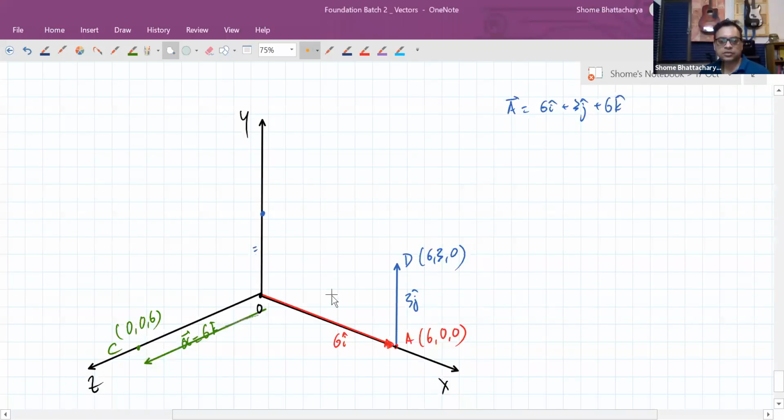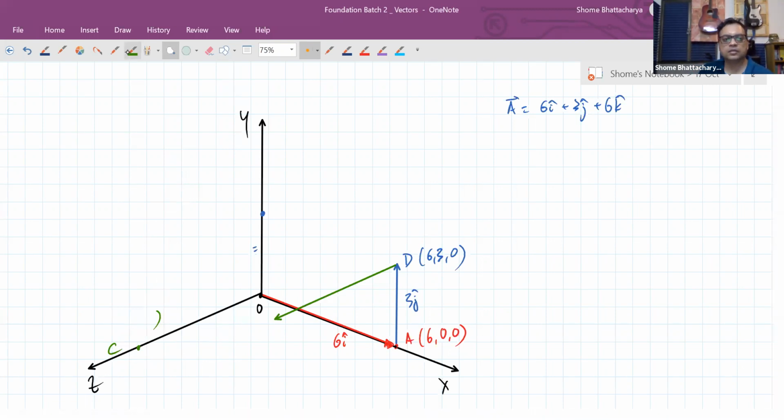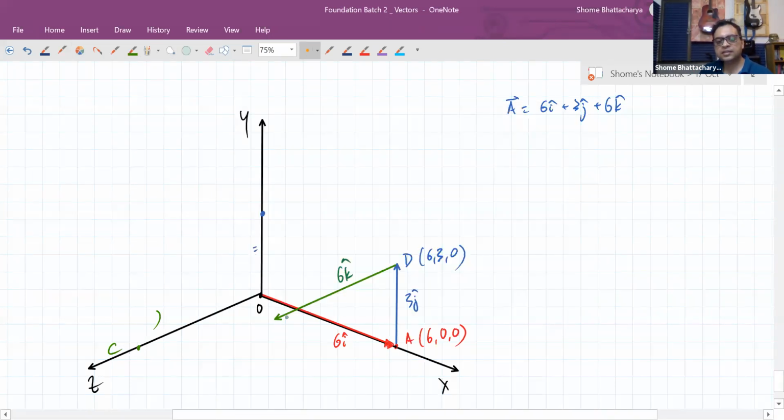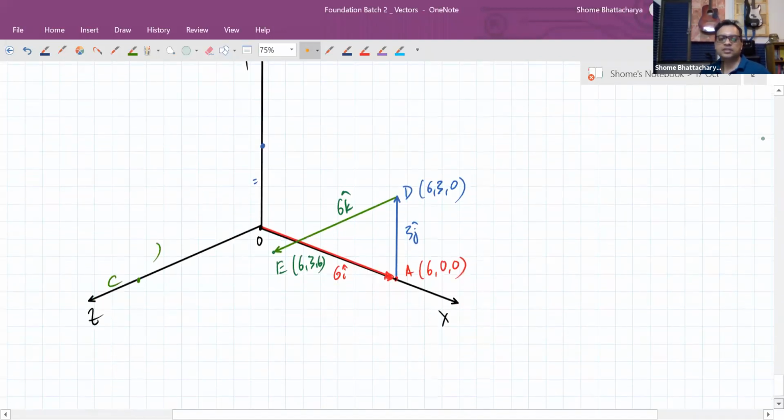Yeah, so this vector now has to be placed here. So this is 6 k cap, and this brings me to some other point, let's say E. What do the coordinates of this point become? 6, 3, 6.